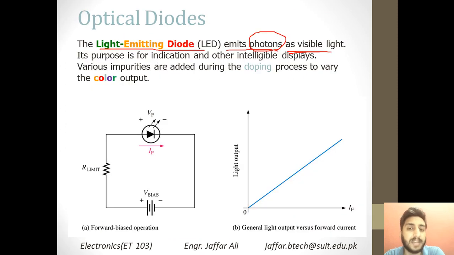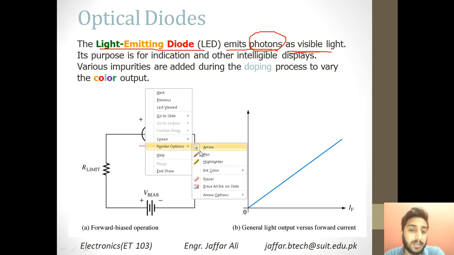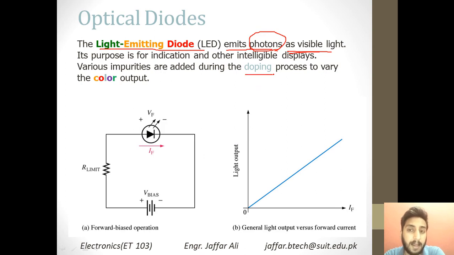Now various impurities are added during the doping process to vary the color. Basically you can adjust the color of the LED by using different doping mechanisms. In the market there are red LEDs, white LEDs, green LEDs.